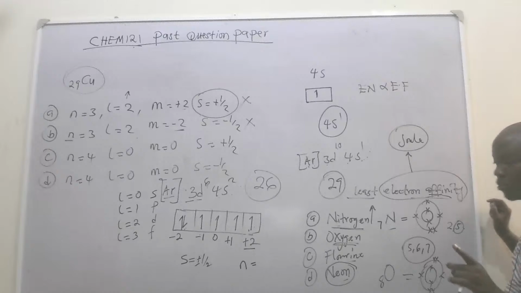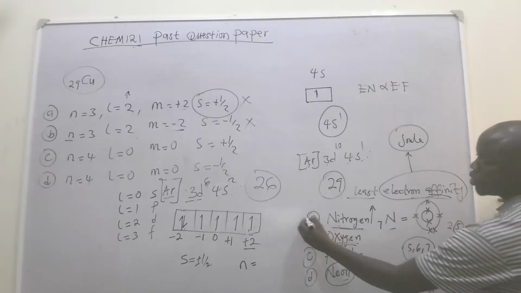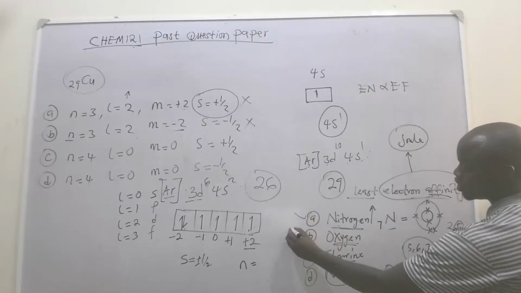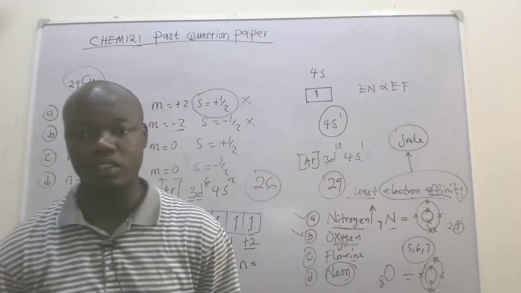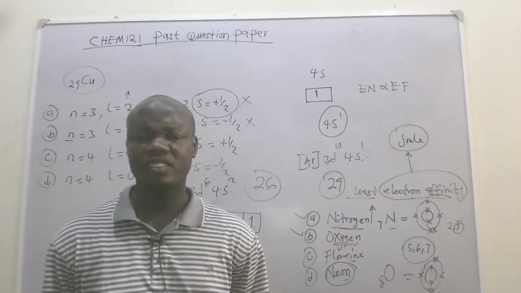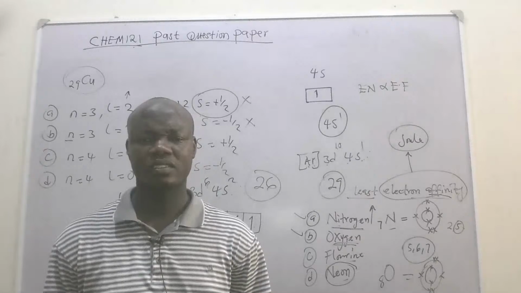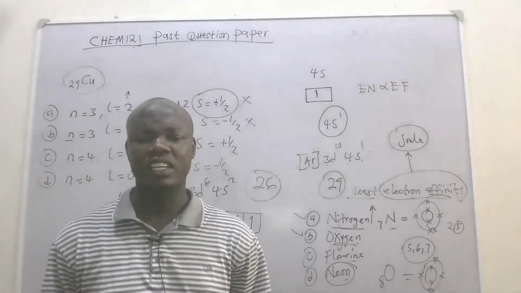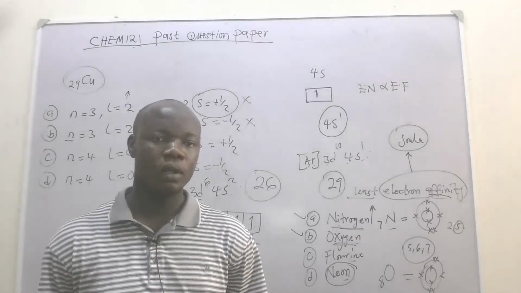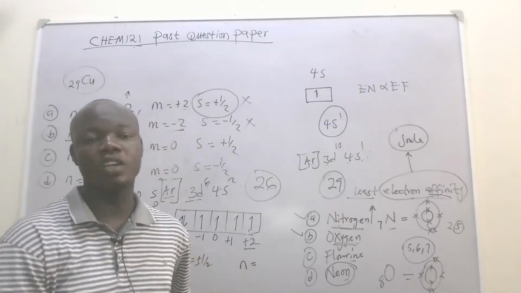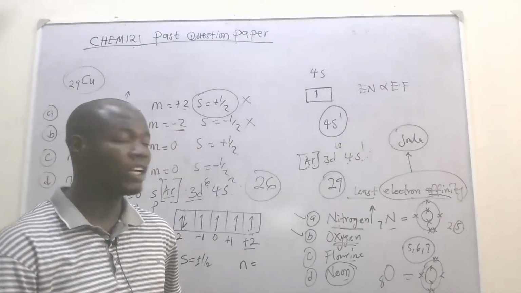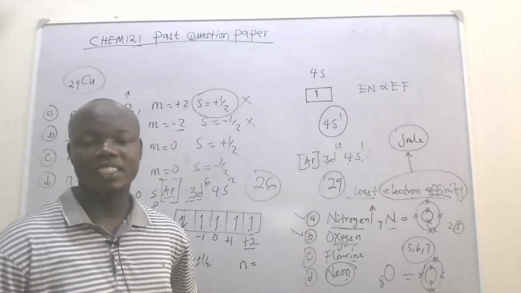But ladies and gentlemen, I have a question. Between nitrogen and oxygen, which one has the strongest electron affinity, please? Yes, I agree the answer is neon, but I'm just trying to give some explanation so that when we come across any questions related to that, we can easily answer it.